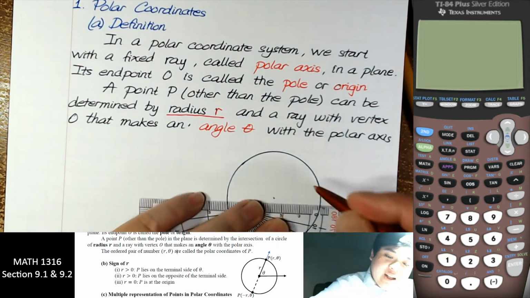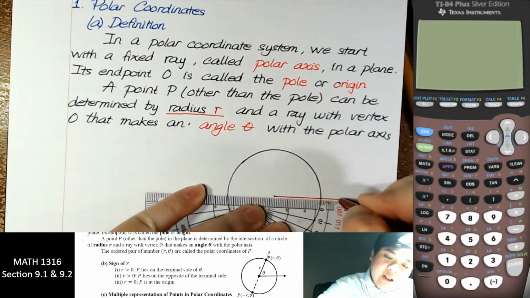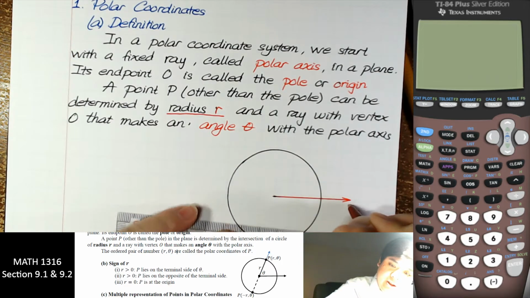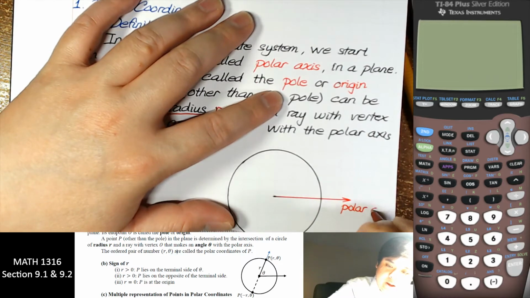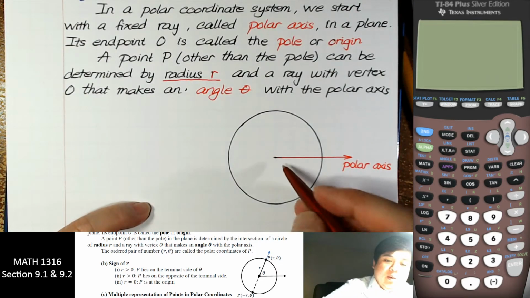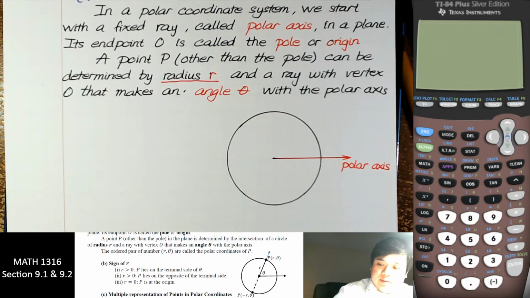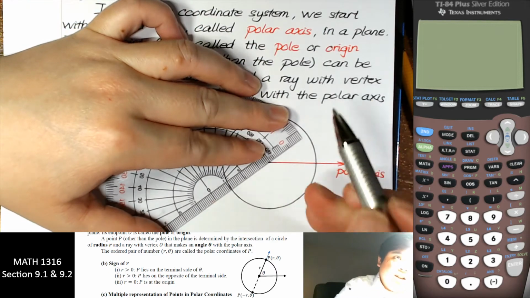What we only have is the axis we call the polar axis. And the radius r, so from the center.